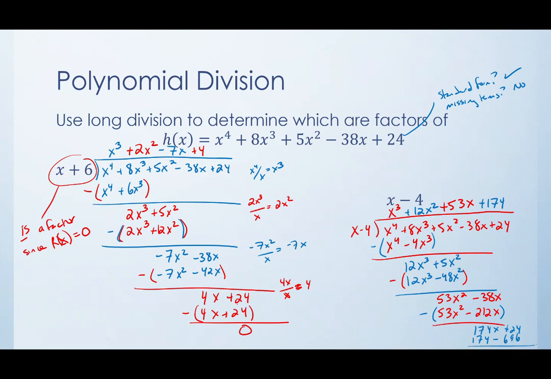And of course here, I don't really care what our remainder is. We kind of ran out of room. We are going to subtract. So we're going to subtract negative. I'm just going to write over here, our remainder is going to equal, what is that? That's 720. So this one is not a factor.